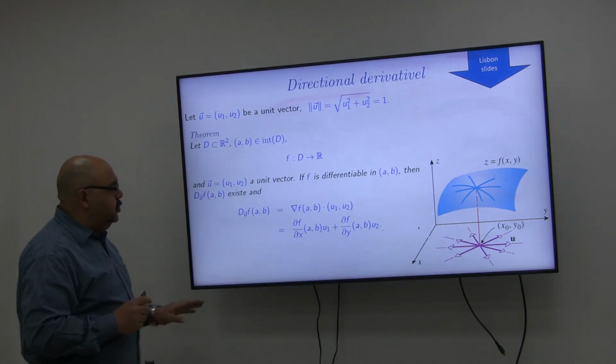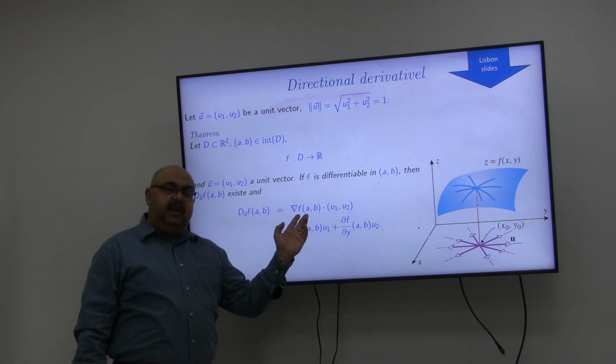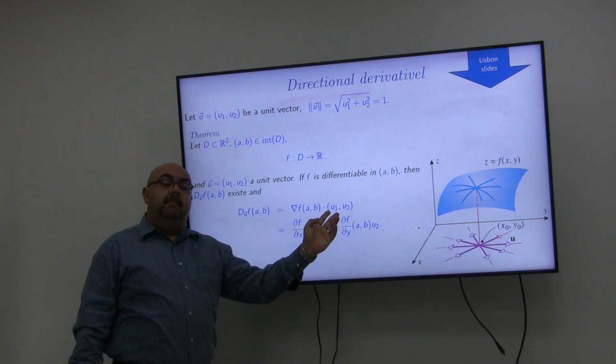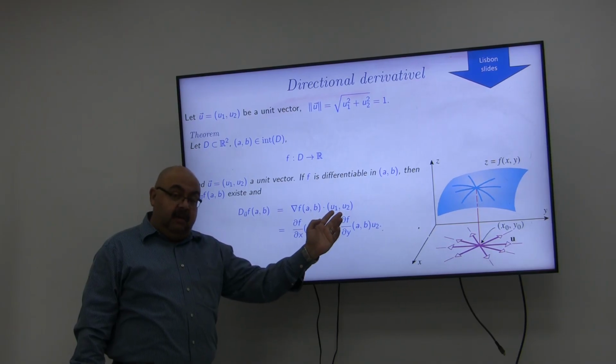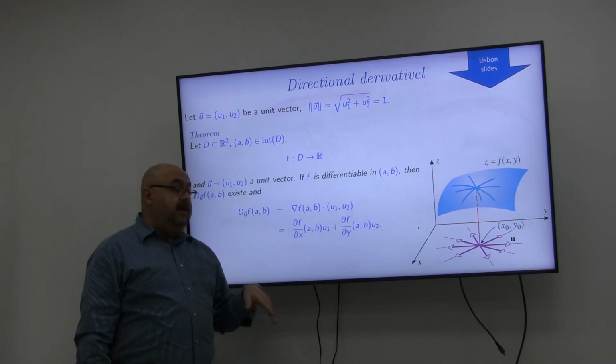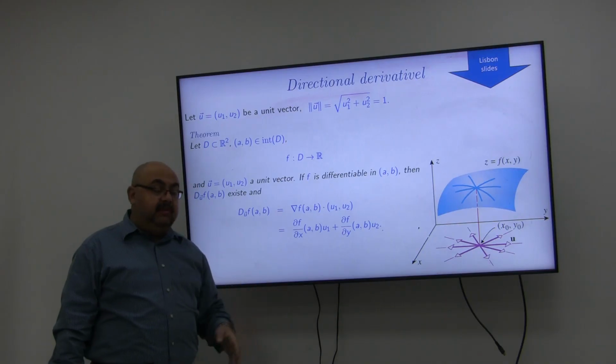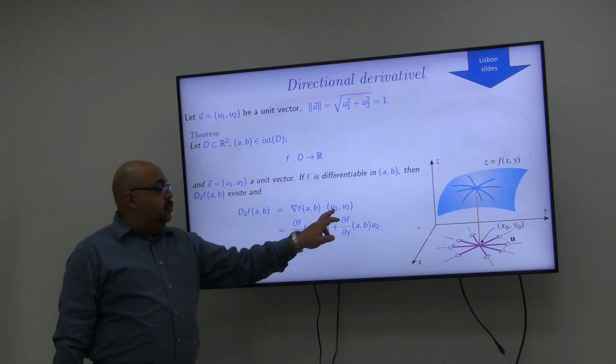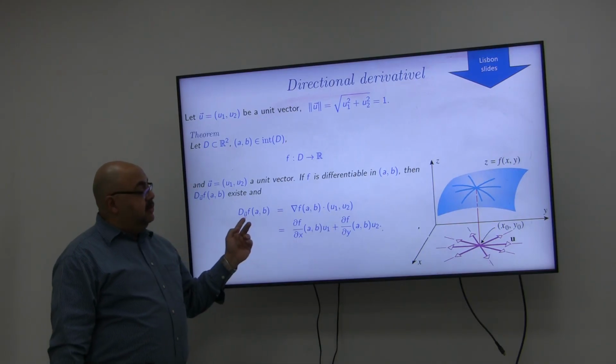All I have to do is multiply the gradient vector of f at (a, b) by the components of the direction in which I'm evaluating the directional derivative, which are u1 and u2, the components of this vector.